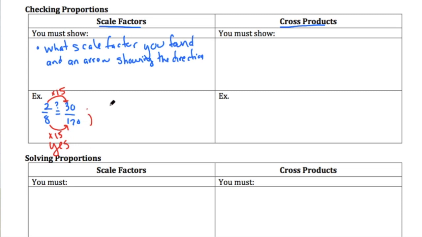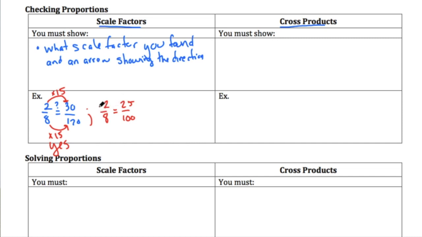Okay, we could also look at, let's say, 2/8 again. And this time we'll also look at 25/100. You automatically might see, okay, I know that that's equivalent. But one thing you might see is 2 times what gives me 25. That's a messy number. Yes, there is a fractional scale factor that would work.